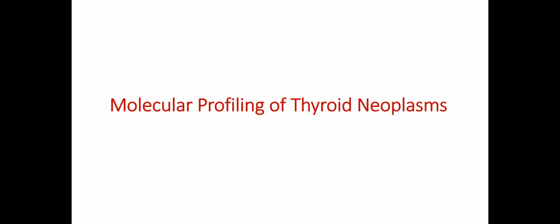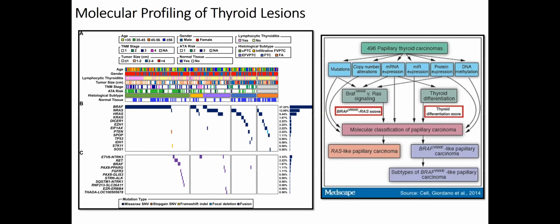One other thing that has really changed our thinking about how we look at thyroid cancers is the molecular profiling of these thyroid cancers. So now we know that the papillary tumors with beautiful nuclear cytology of papillary thyroid carcinomas and some of the anaplastic carcinomas are associated with BRAF mutation.